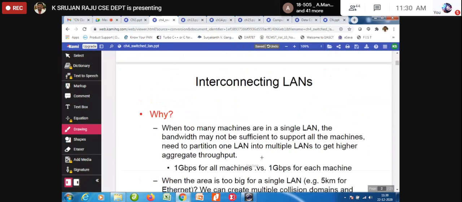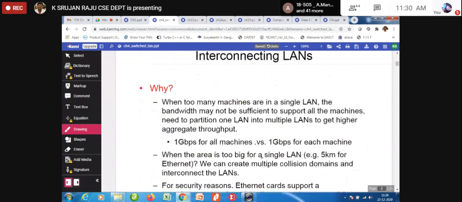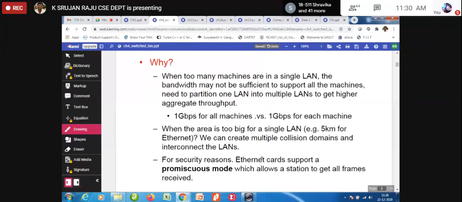Now, interconnecting LANs. Why do we need to interconnect LANs? Now imagine, can anyone tell me whether debugging 1,000 lines is easy or 10 lines is easy? Anyone can respond, please. 10 lines, sir. Absolutely, what you are mentioning is correct, Srikar.